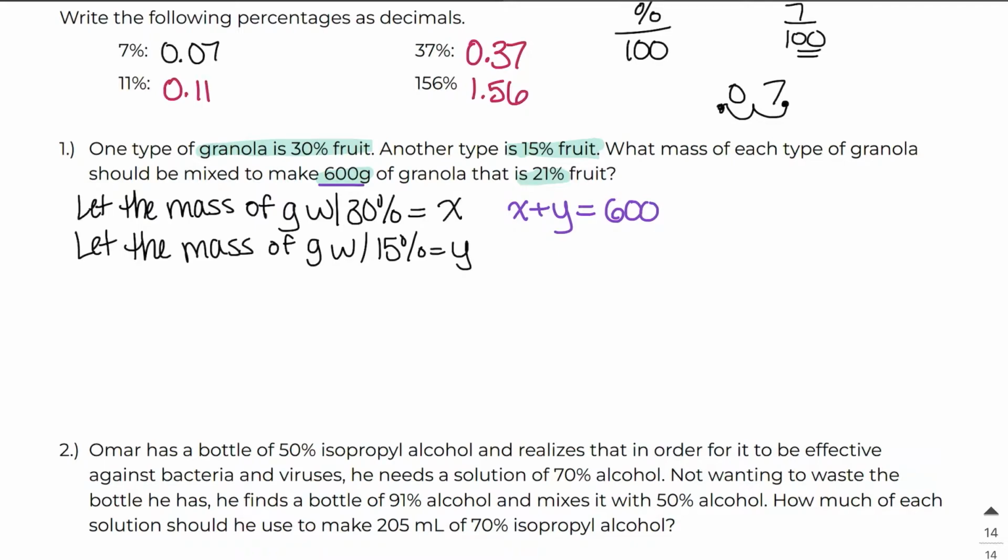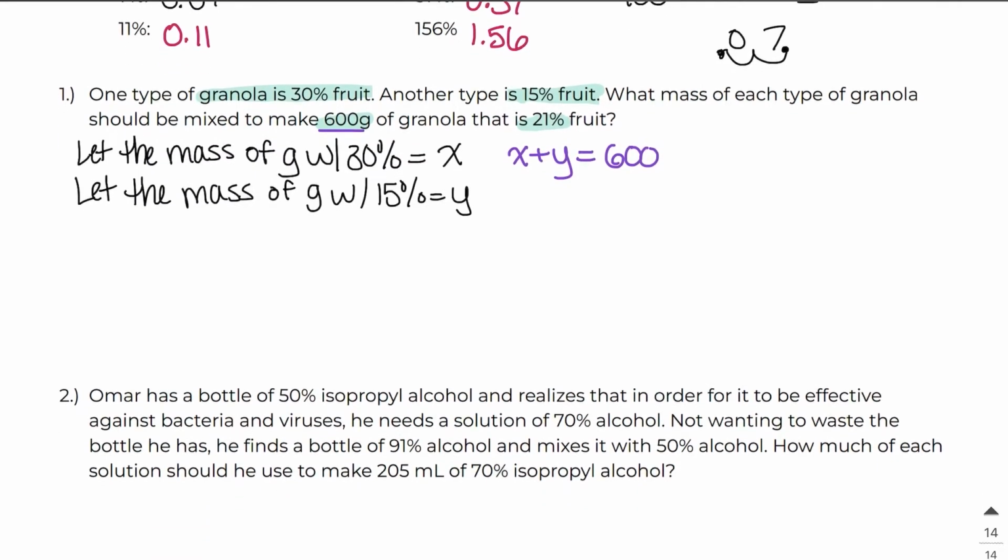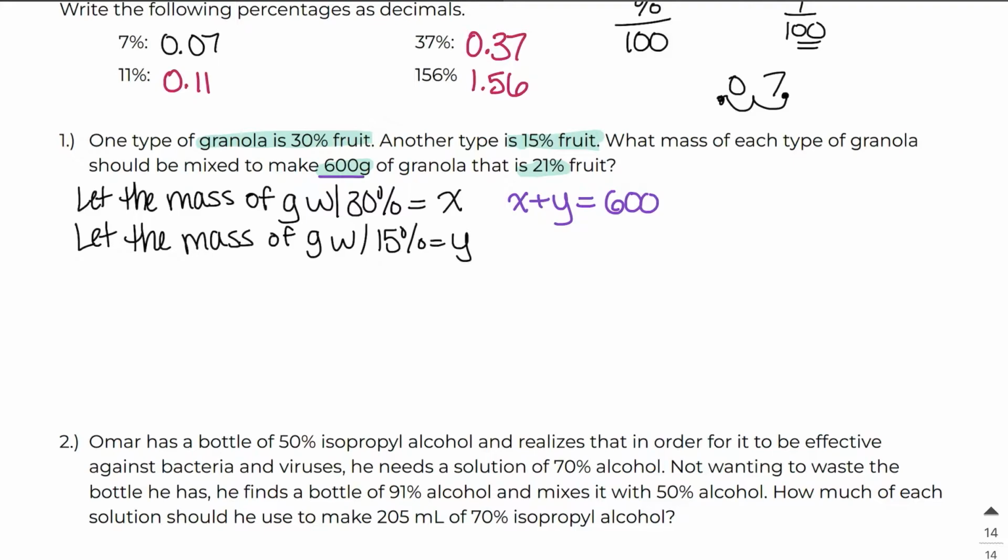The second equation is the tricky one. For the second equation, we want to write an equation just for the fruit. The first was the equation for the total, and now we're going to write an equation for the fruit. We know that 30% of the first type is fruit, so I'm going to take 30% and multiply it by the mass of the first type of granola.